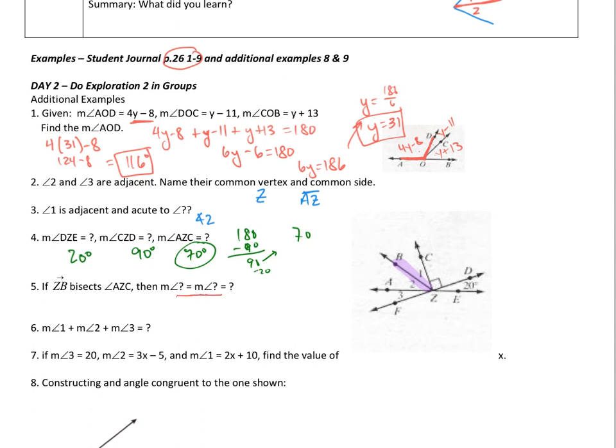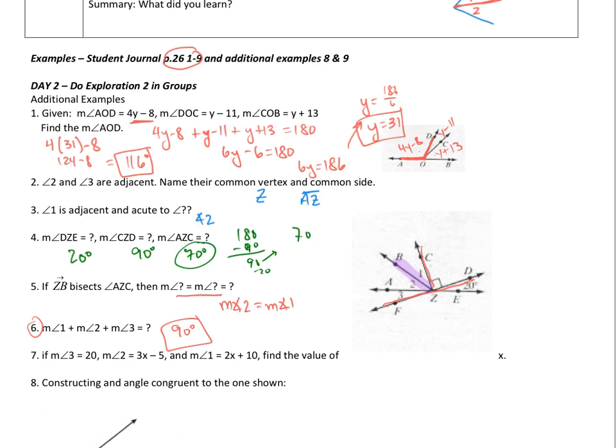Then the measure of angle what equals the measure of angle what? That would mean the measure of angle 2 is equal to the measure of angle 1. And then the measure of angle 1 plus the measure of angle 2 plus the measure of angle 3, here is the perpendicular. These add up to be 90 degrees.